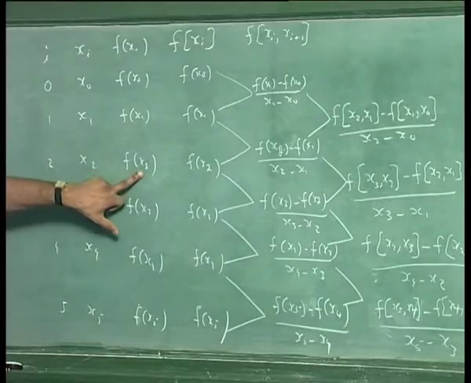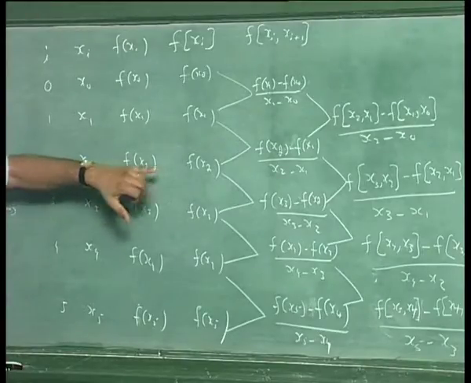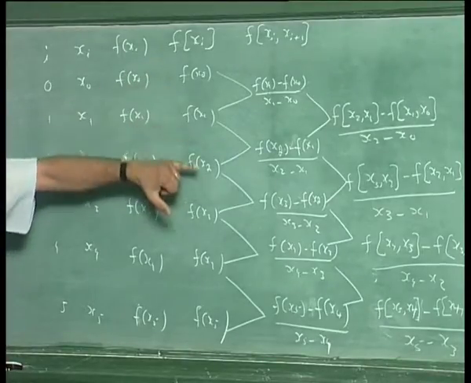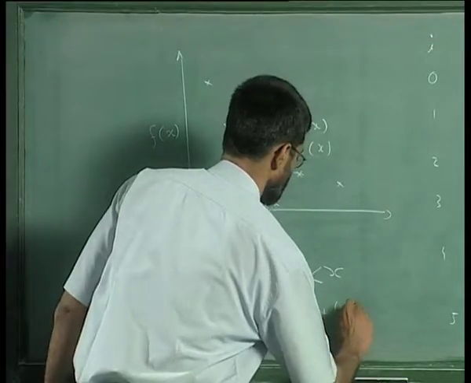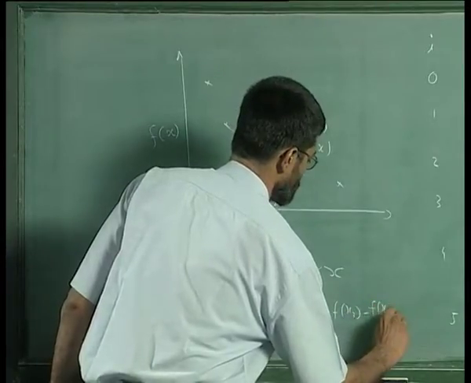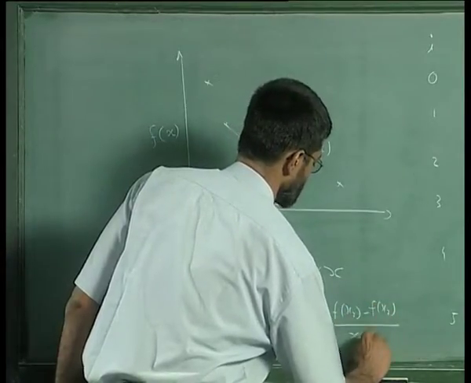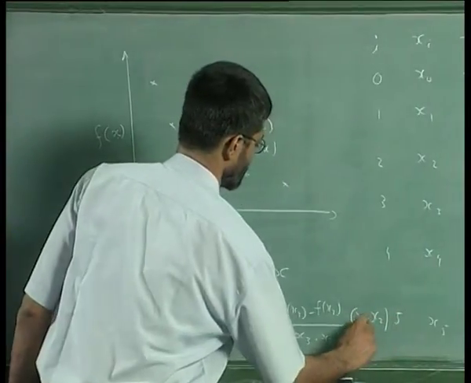So I'm entering here, and that's the first term, f of x2, and the next term would be f of x3 minus f of x2 divided by x3 minus x2 into x minus x2.